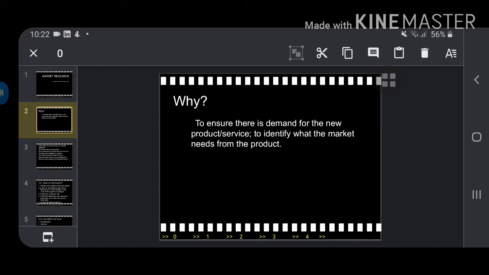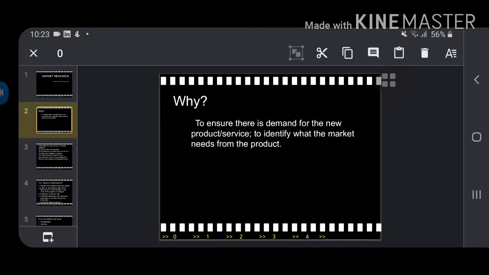So the second purpose is to identify what the market needs from the product. Say you have launched a product, for example, a certain type of drink, and you have to make sure that the market likes them. You have to make sure that the people like your product, like your drink.